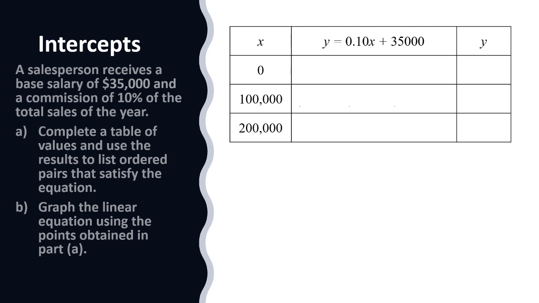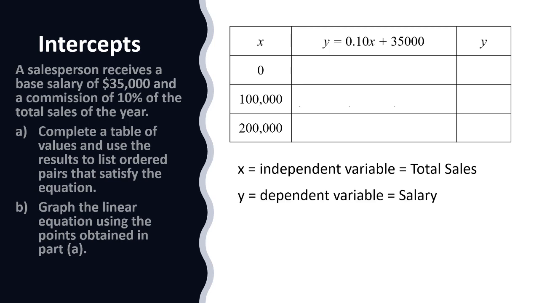So which is the independent and which is the dependent variable? Well, if we think about it, the salesperson's salary depends upon the total sales for that year. So the independent variable would be the total sales for that year. The dependent, or the response, or the output, would be the salesperson's salary.